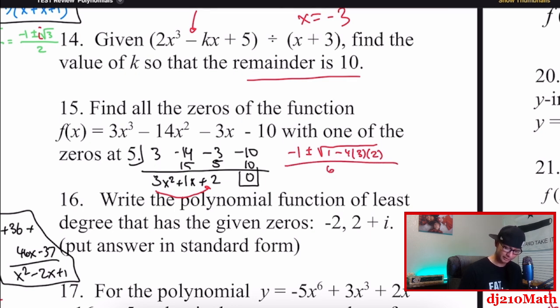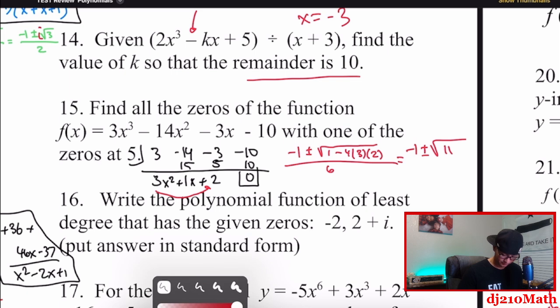Simplifying this, I get negative 1 plus or minus the square root of 1 minus 12, which is negative 11, so 11i, all over 6.